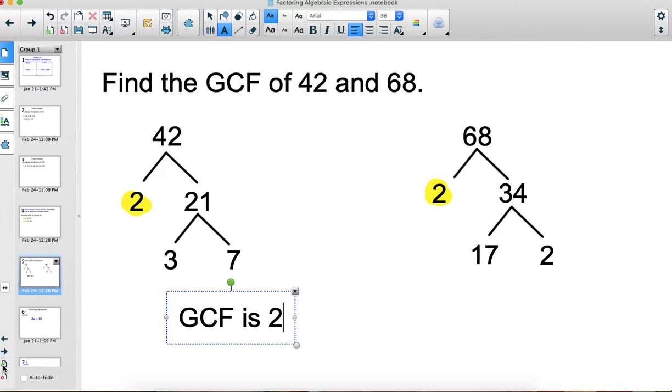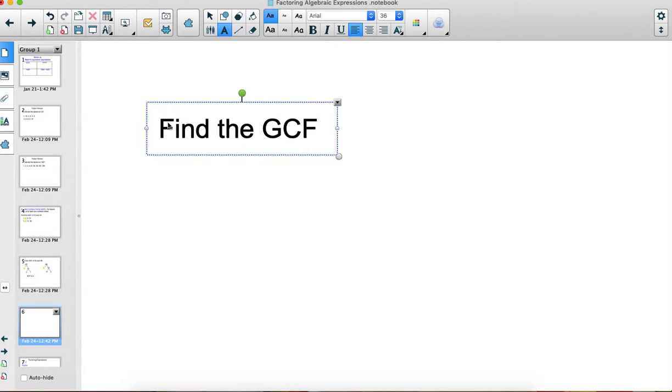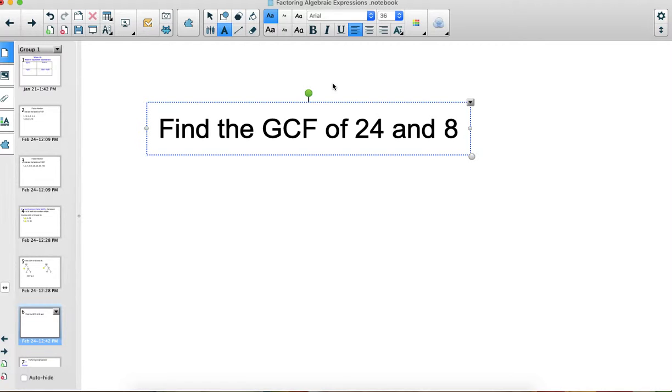Here, let's give you one to do. Let's find the greatest common factor of 24 and 80.